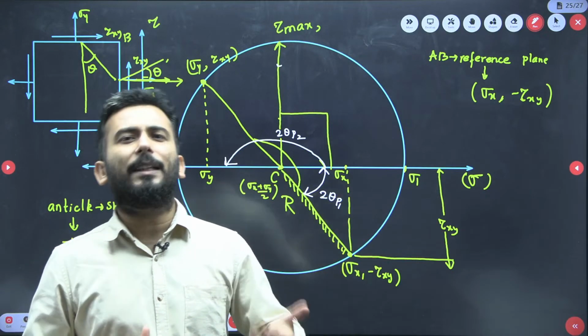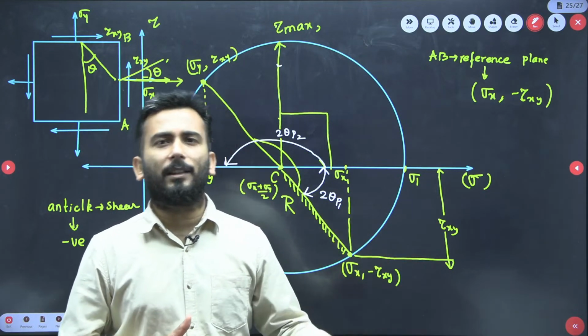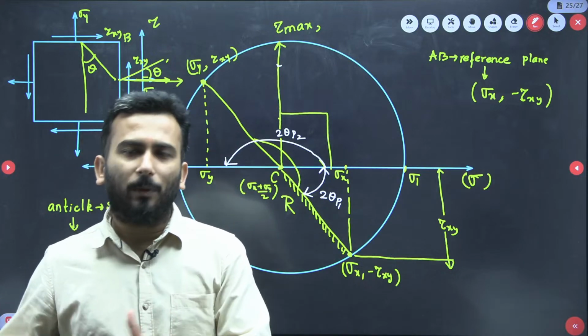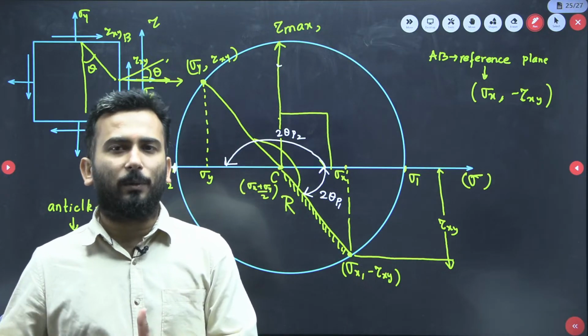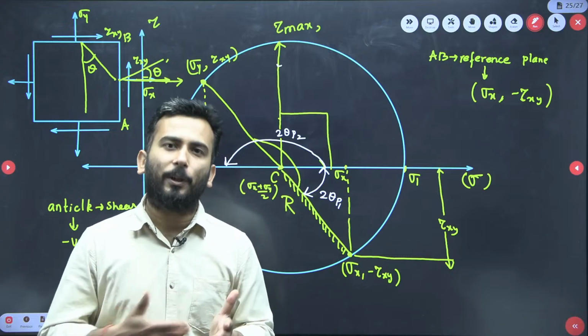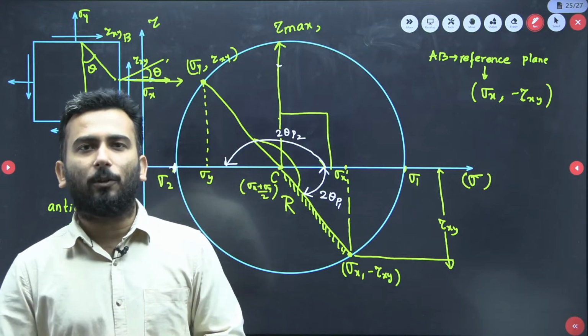Obviously different cases are there, like uniaxial stress and biaxial stress, and what the different things will be, but you can look at that on your own, that is not the issue.